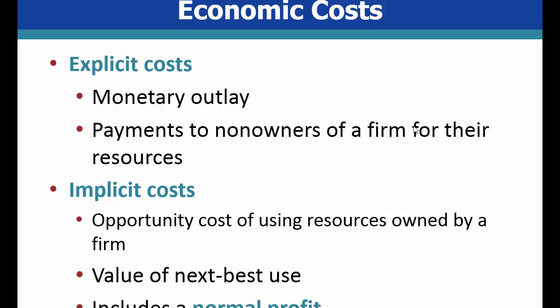I'm going to quit that job and open my own business, so I'm going to have to give up that position to open my own business. So I would have earned $50,000, but now I'm not going to earn that, so that's going to be an example of an implicit cost. I'm not actually paying that out, but it's something that I need to consider.